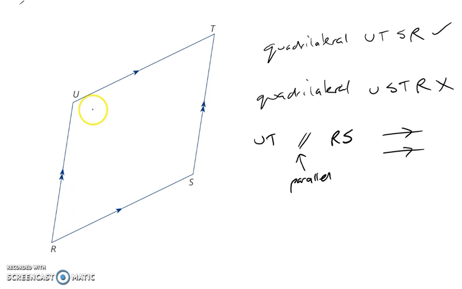Similarly, RU is parallel to ST. The reason they use two arrows is just to differentiate between the lines and the directions.